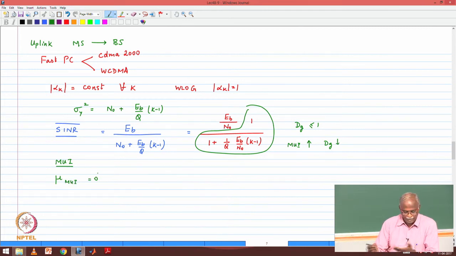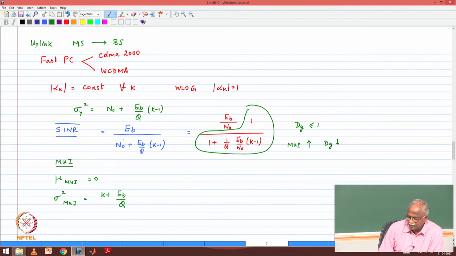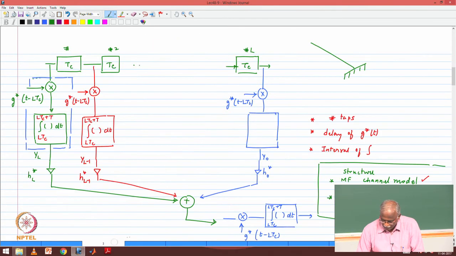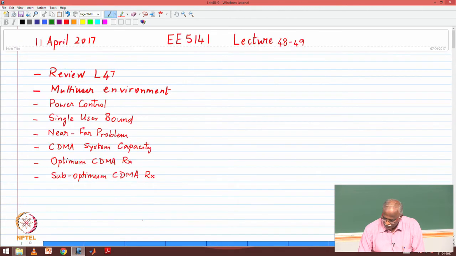It's a zero mean, basically that's what we have shown, and the variance sigma squared of MUI is given by this quantity, which is K minus 1 EB divided by Q. Okay, because the other one is the AWGN component, and this is the multi-user variance component. So this is what we would like to think of as our equivalent model. So, if you go back to our model, where did we draw that?